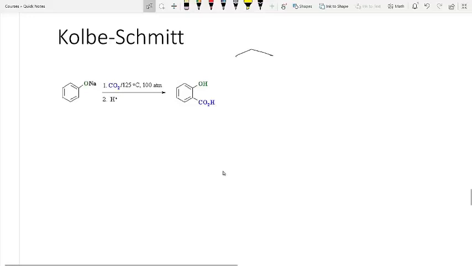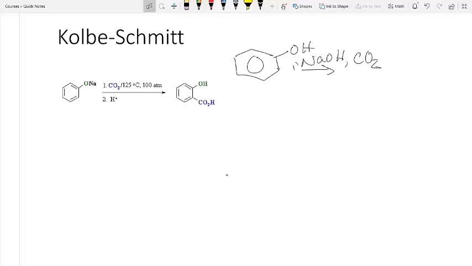if you start with phenol, in the presence of sodium hydroxide, CO2, and then heat, and in the second step, acid, we can make a carboxylic acid in the ortho position to the phenol.